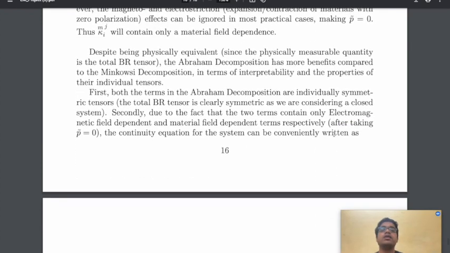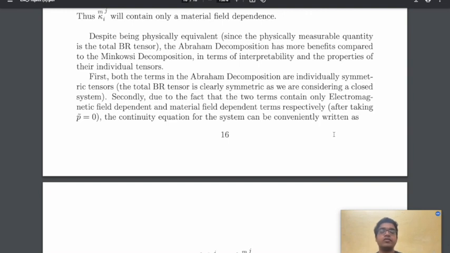Okay, and now both of those decompositions are physically equivalent, because the measurable quantity is just your total BR tensor. But the Abraham decomposition has a bunch of nicer properties compared to the Minkowski decomposition.